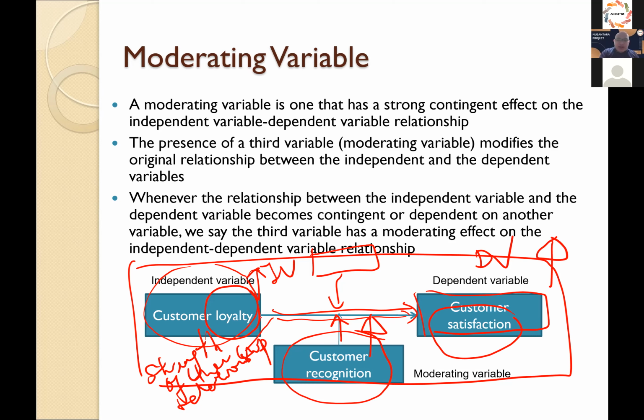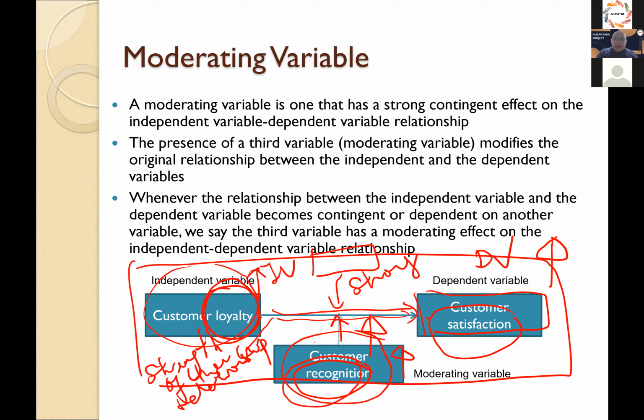You see, the relationship between your loyalty and satisfaction becomes strong. Why does it become strong? When the recognition is higher. They recognize you, that's why you feel happy and more satisfied. But if you are loyal all the while, but when you send it for repair, the customer recognition is very bad. They don't really serve you properly, and the response time takes a really long time.